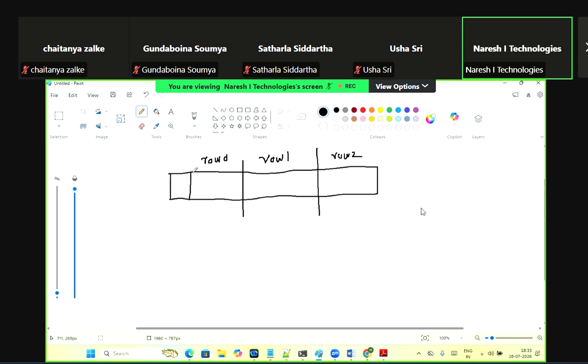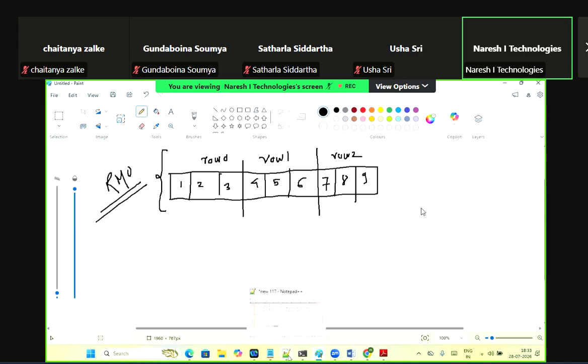So here you are storing 1, 2, 3, then you are having 4, 5, 6, then you are having 7, 8 and 9. So if they have given a matrix, you store the matrix in this way. This is nothing but row major order, correct? Understood guys? Row major order means you are storing the data row wise, that's it.